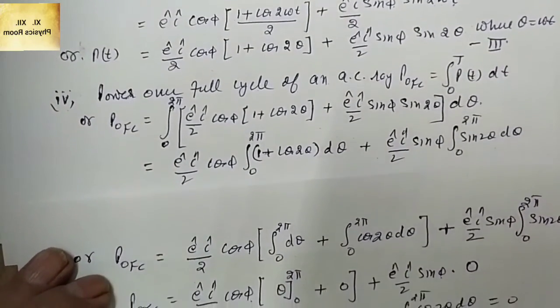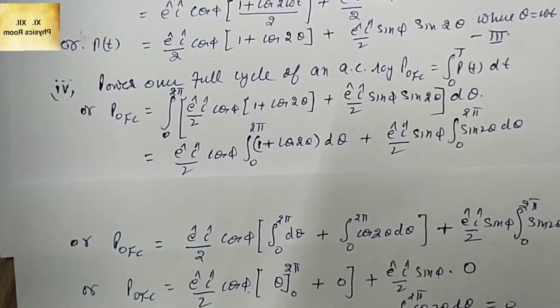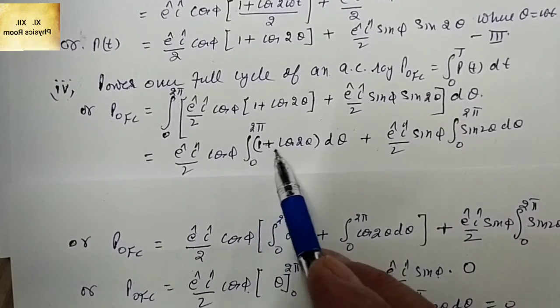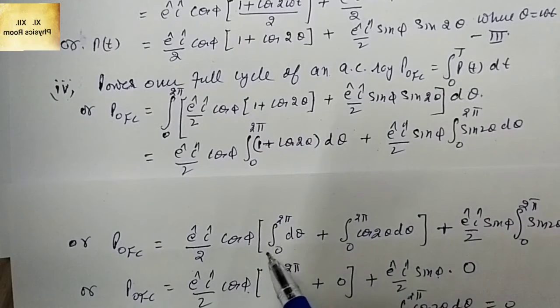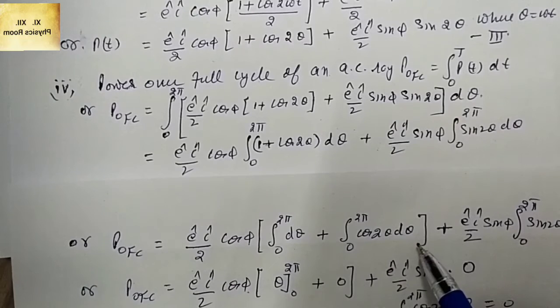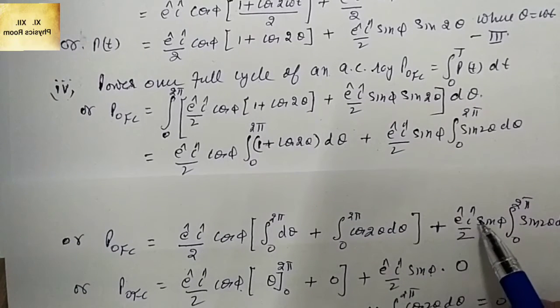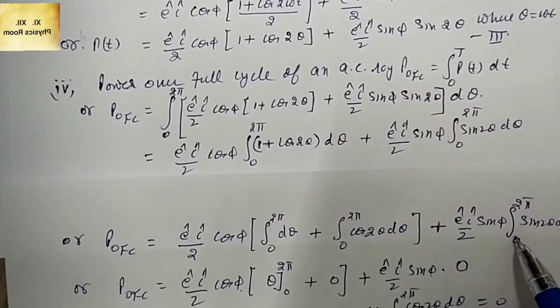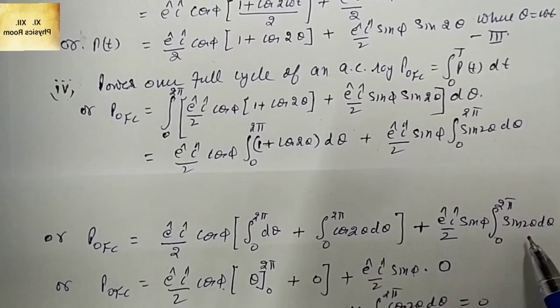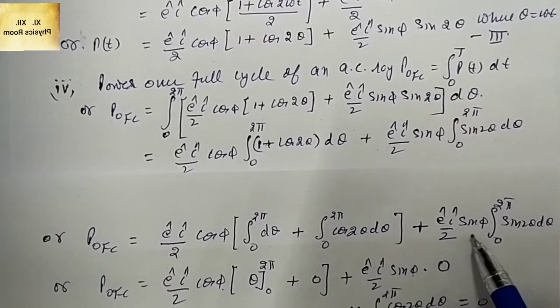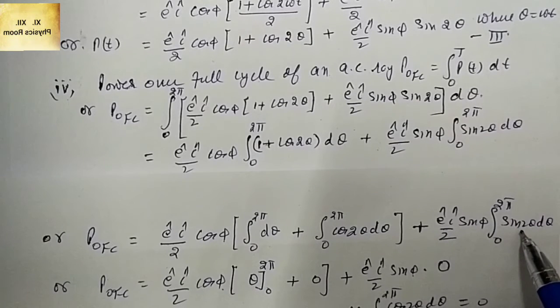Now we continue with this. P over full cycle is equal to E max I max by 2 into cos phi. We open the bracket: 0 to 2 pi d theta plus 0 to 2 pi cos 2 theta d theta, plus E max I max by 2 sin phi into 0 to 2 pi sin 2 theta d theta.